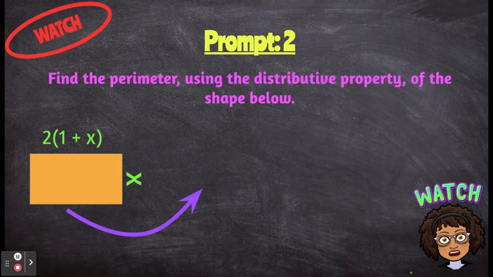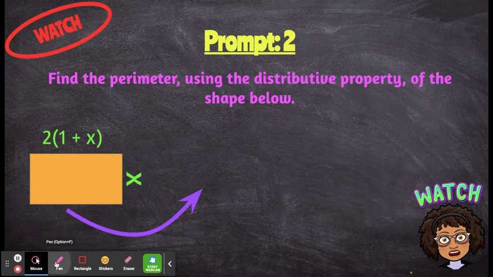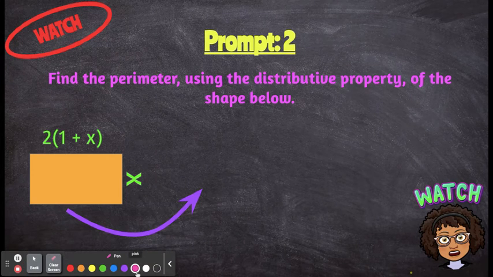Prompt 2. So now you're probably like, what, Miss Ward, is this the same thing? Yes, it is. Just now we're seeing the variable, so we're going to do the same thing that we've been doing. All right, so I'm going to put 2 parentheses, 1 plus x at the bottom, and then I'm just going to go across, which is going to be x.